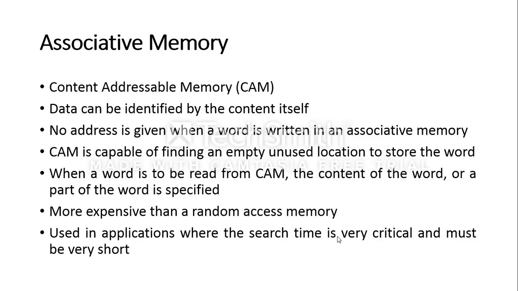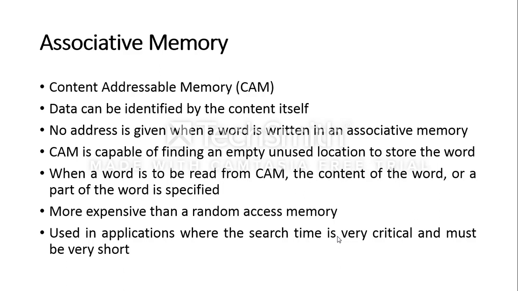So associative memory, which is also known as content addressable memory, sometimes abbreviated as CAM, is a memory in which addresses are not needed. That means to store something in an associative memory or to retrieve some already stored data, you don't need to specify addresses.